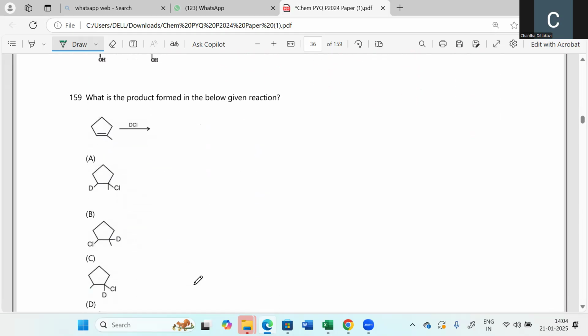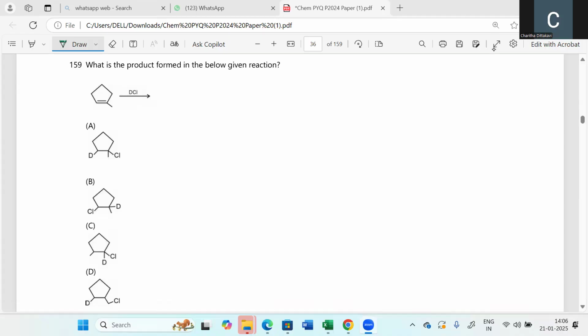Next, let us move on with the next question. The product formed in the given reaction, double bond with DCl, it's like HCl only, right? Deuterium chloride. So D plus Cl minus, definitely the bond breaks, double bond addition reaction, and it has to be Markovnikov addition there.